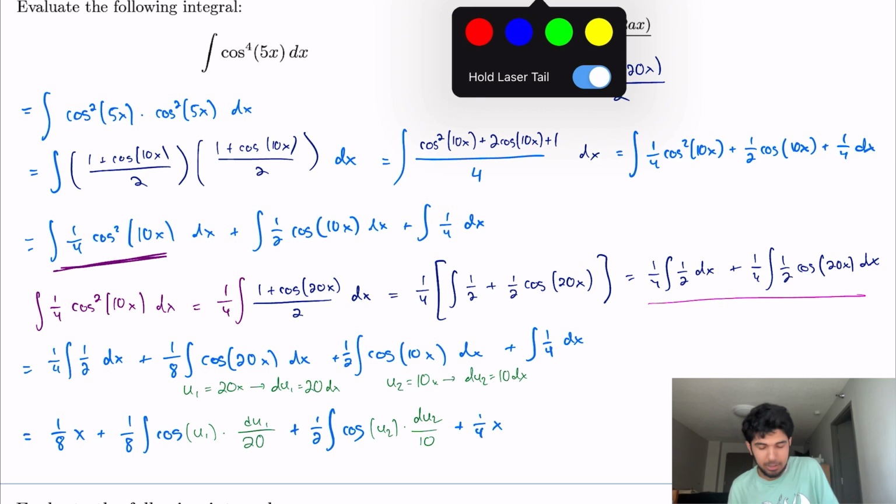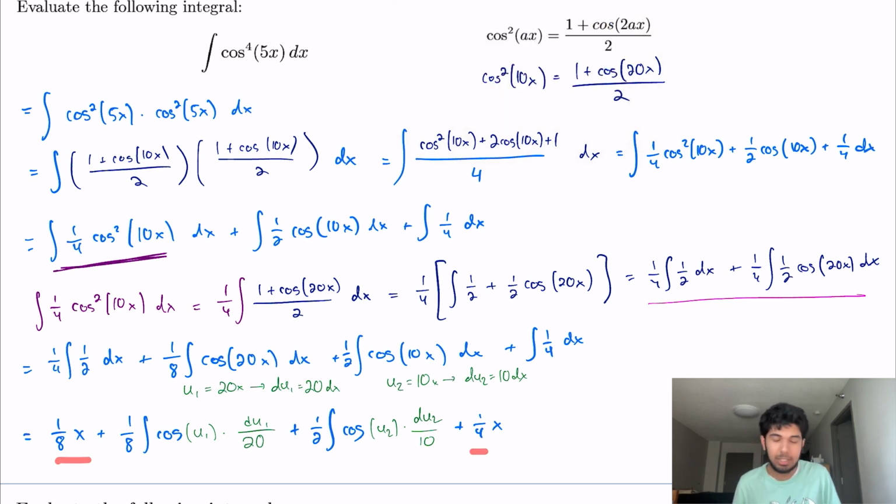We can combine the first and the last term into 3/8 x, and then we're adding to that 1/8 times 1 over 20, so we can change that to 1 over 160.